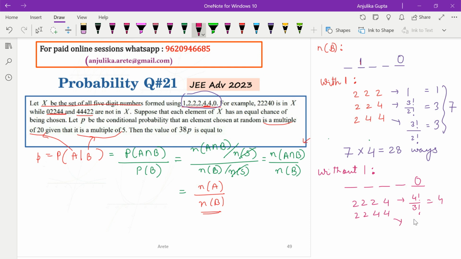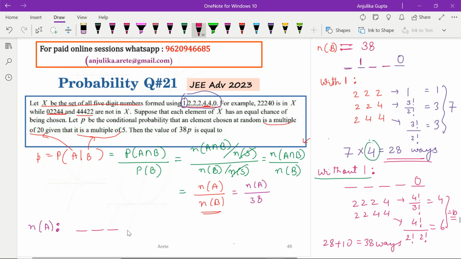And 4 factorial over 2 factorial times 2 factorial, since you have 2 twos and 2 fours, which is 6. So the total is 10. So 28 ways here and 10 here, 28 plus 10, total 38 ways. That means you got your NB, the number of elements which are multiples of 5. That is 38.